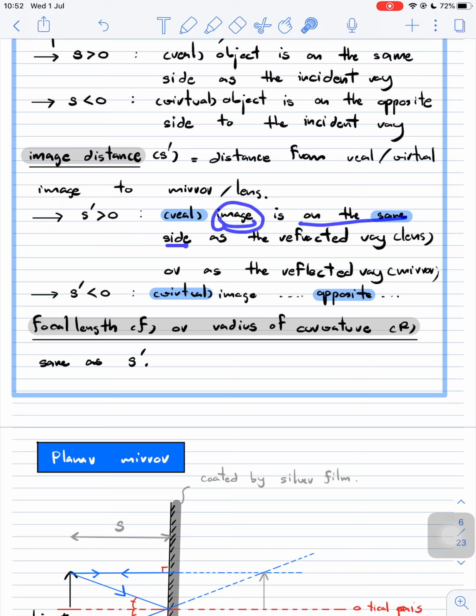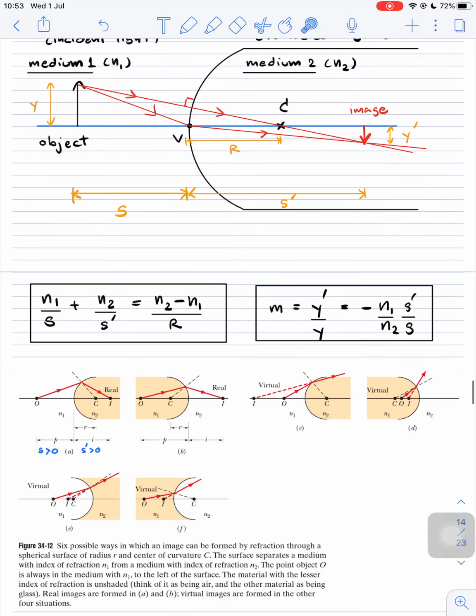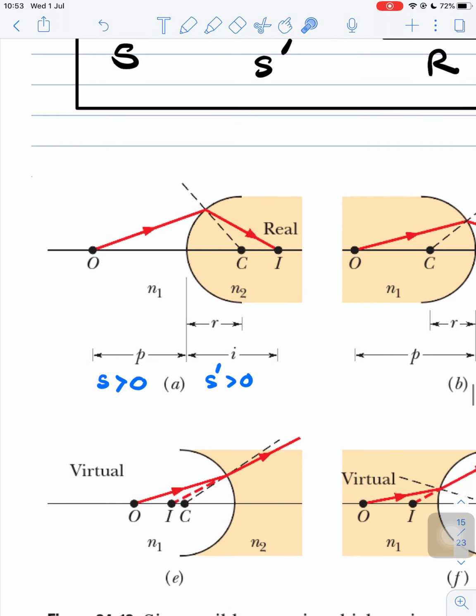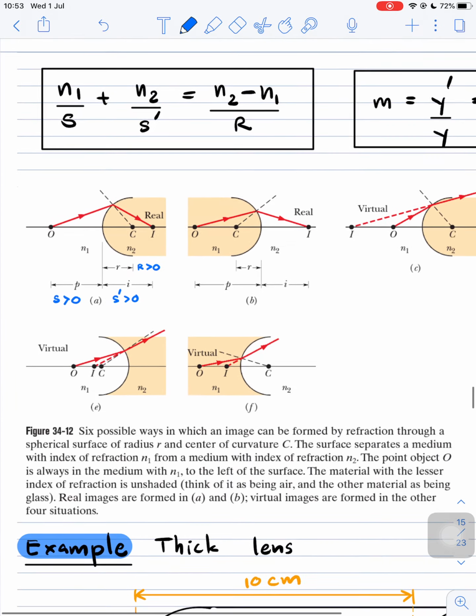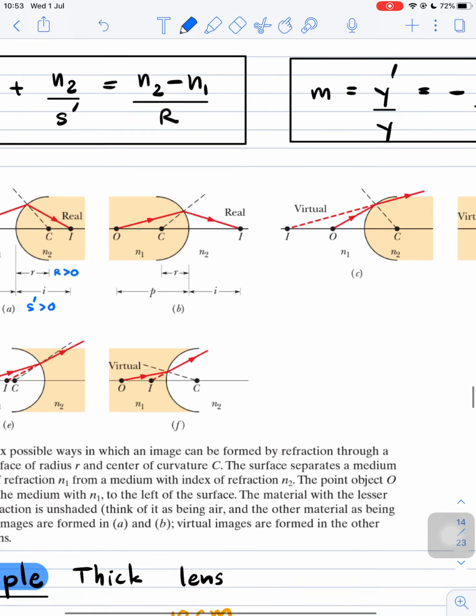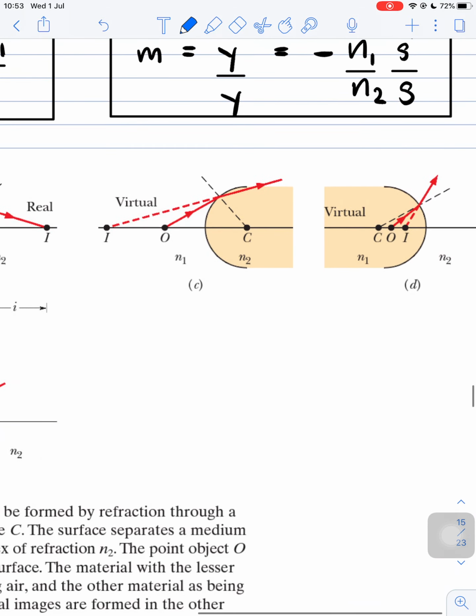Then in this case, we have the center of the curvature on the right hand side of this interface, and also the refracted ray is on the right hand side of this interface as well. So it means that this R must be greater than 0. Okay, so let's look at this one.